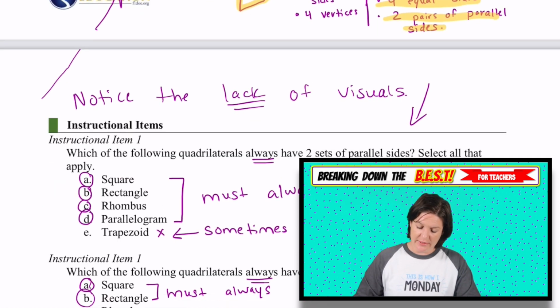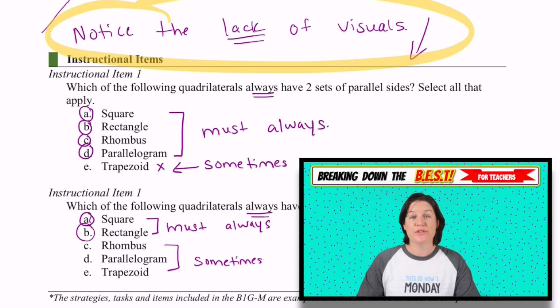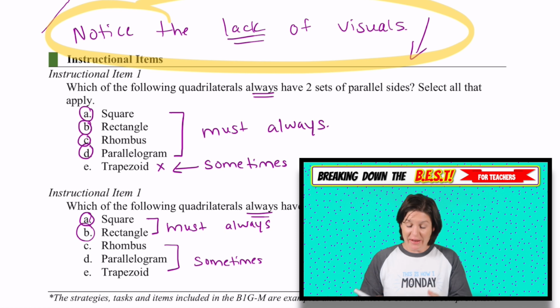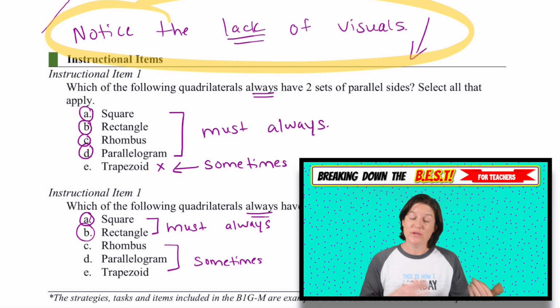Tough question though. Then here for these items, I said notice the lack of visuals for these. We don't have any. We have to be prepared that it's going to be a lot of vocabulary, and we have to prepare our students on how to create visuals or really understand what these words look like. What does a square look like? What does a rhombus look like?